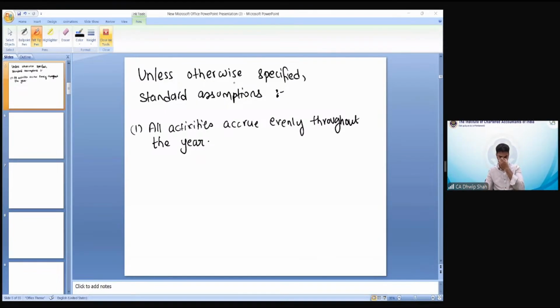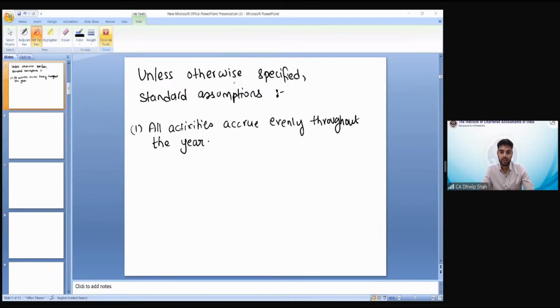Anyone wants to try? Okay, no one. So this statement means that everything, be it sales, be it purchases, will occur evenly in the entire year.